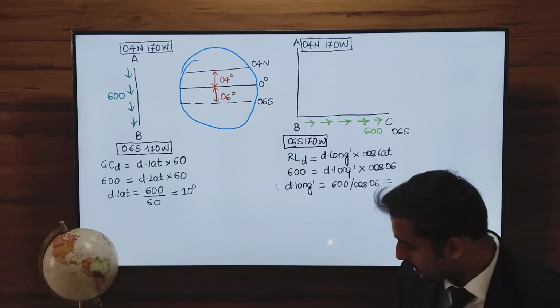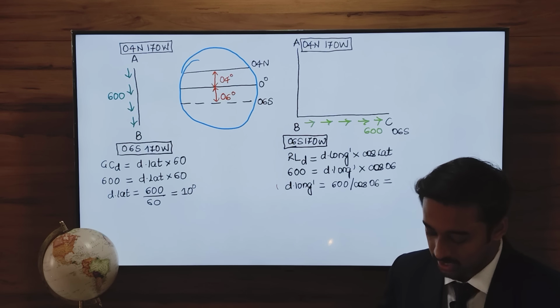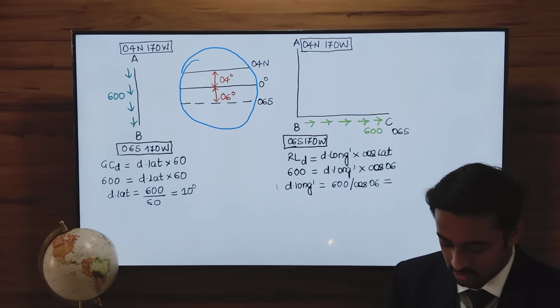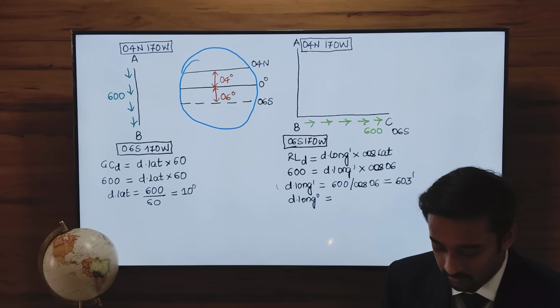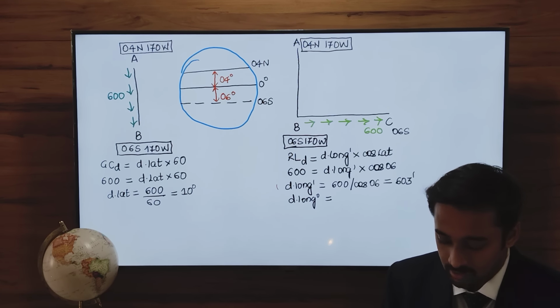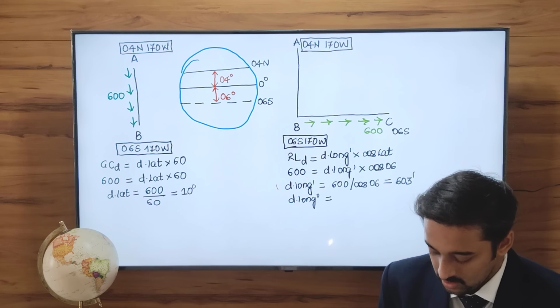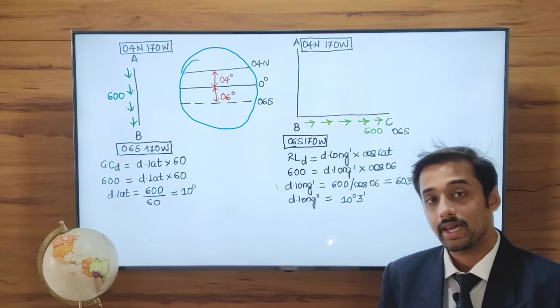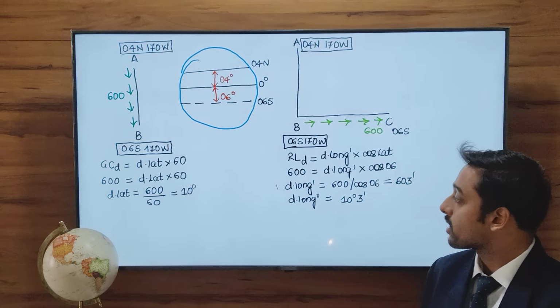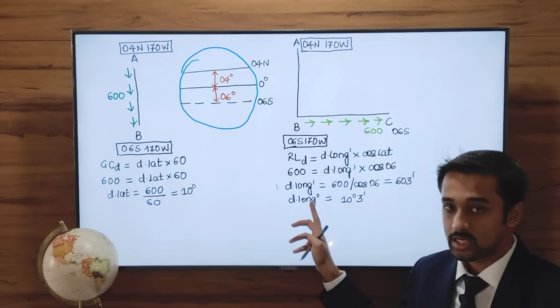That will be equivalent to, using a scientific calculator, 603 minutes, or d long in degrees if you want, 603 minutes divided by 60, 10 degree 3 minutes. Okay, so that is the difference between two longitudes.